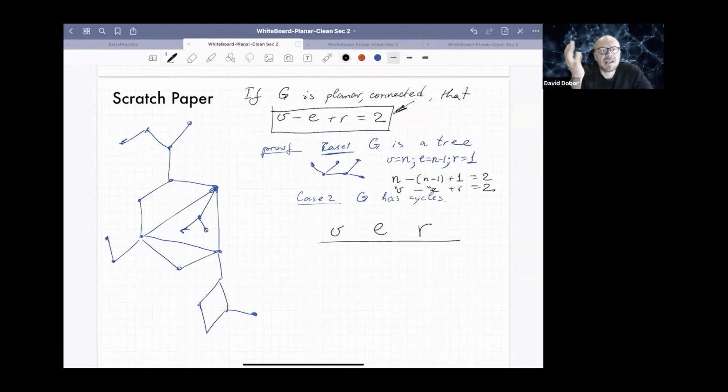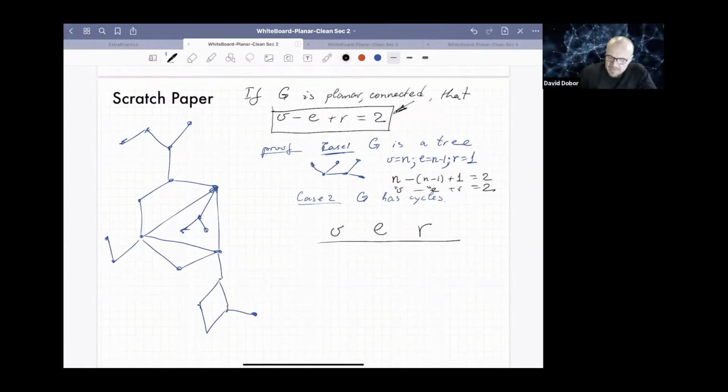I mean, I've drawn this one and I can count the number of regions. Looks like 1, 2, 3, 4, 5 regions here. But in general, I'm trying to make my argument very general. So in general, I have some gazillion regions maybe when I draw a graph like this. So I have some number of vertices, some number of edges, some number of regions.